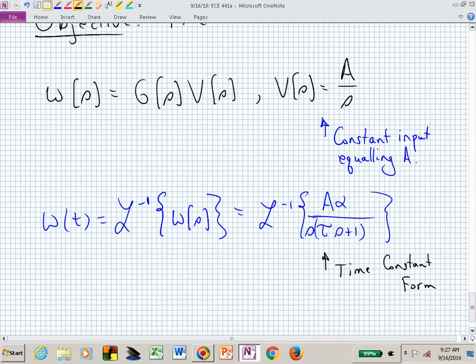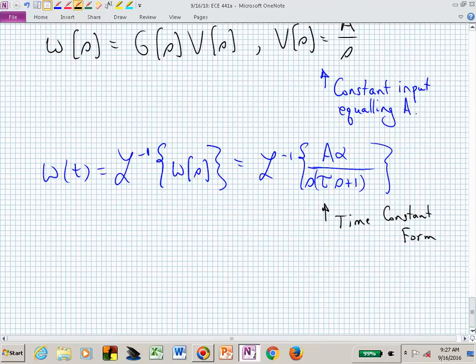We can rewrite that in pole zero form. Suppose I now factor out the tau in the denominator.